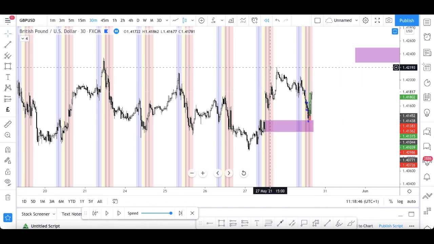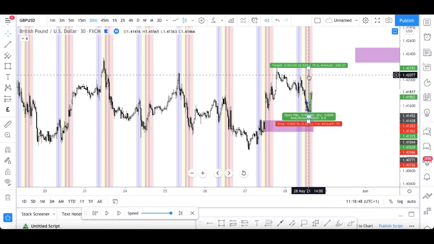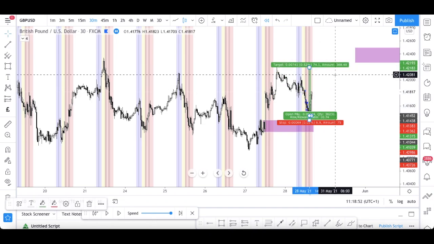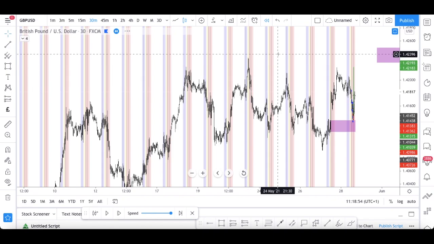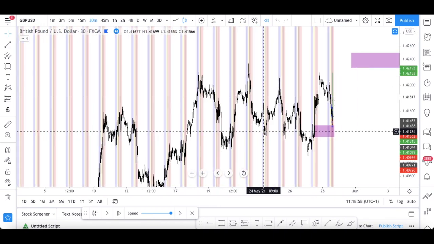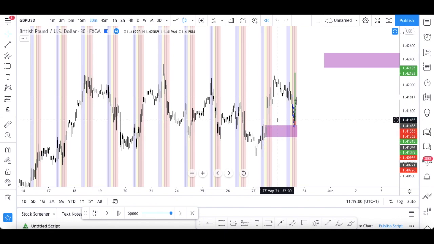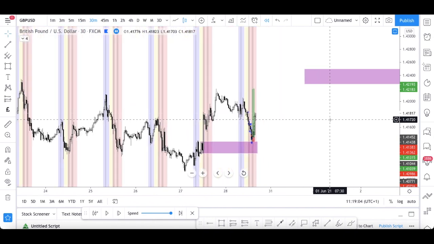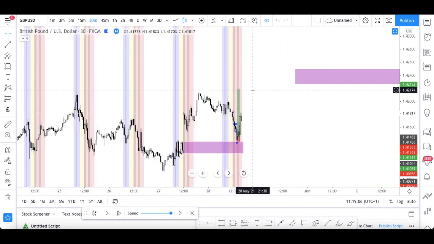So this structure point here that it made, that was a 1 to 9 for that first sort of TP. But looking at where price could eventually go up to, there was no previous price to look at. So there were two scenarios which you could have done here. The one that I did, the way that I established my final TP, was looking at a psychological number or a quarter level.